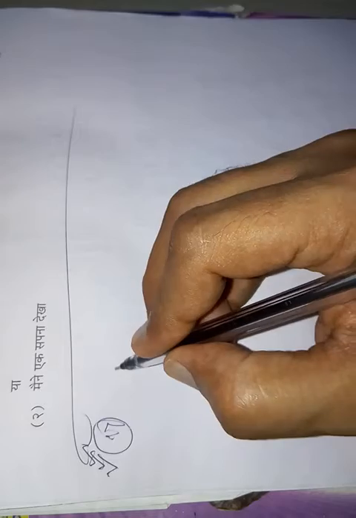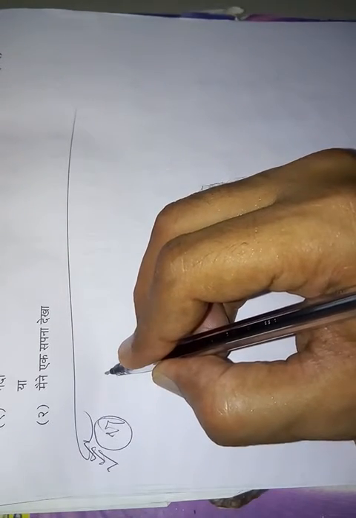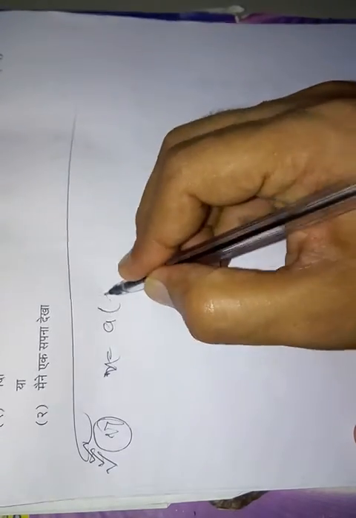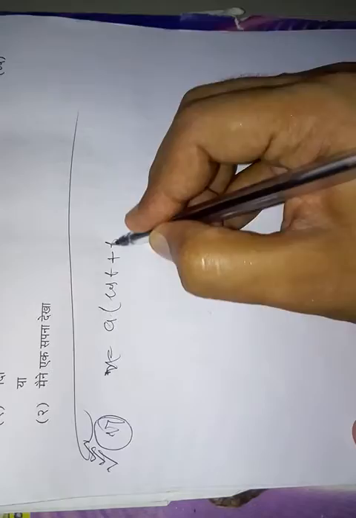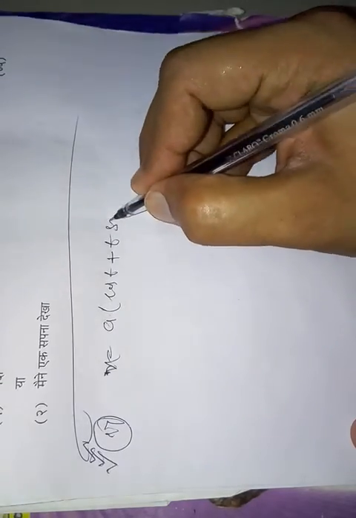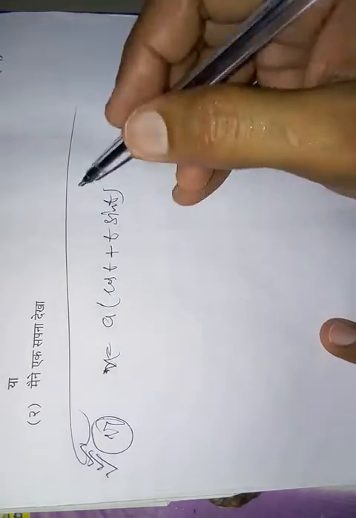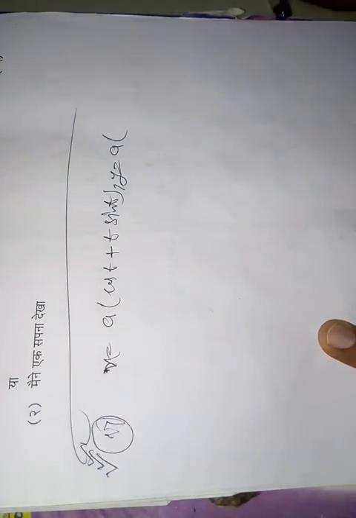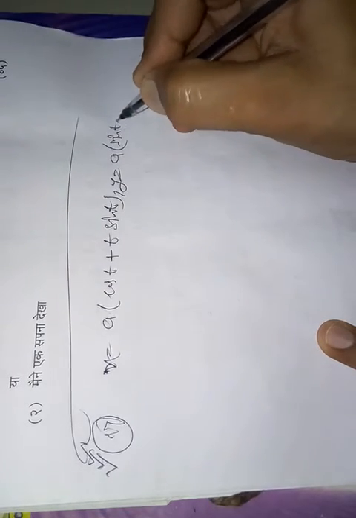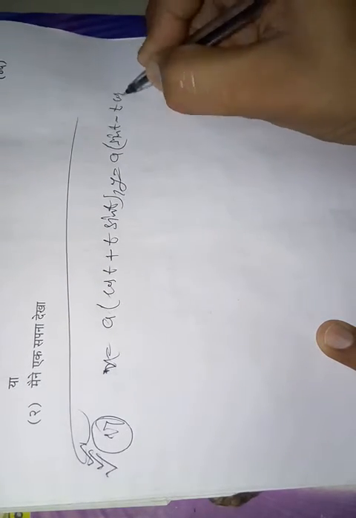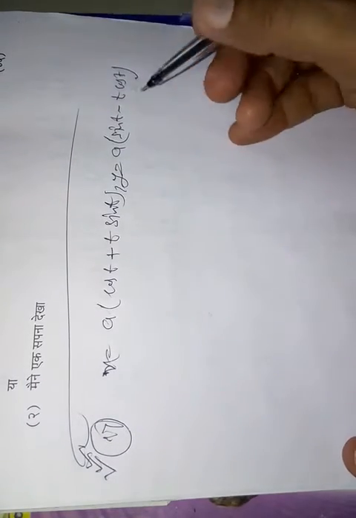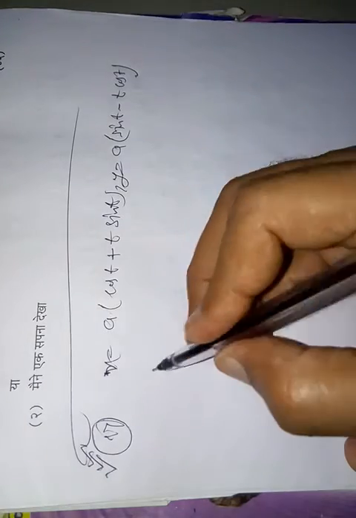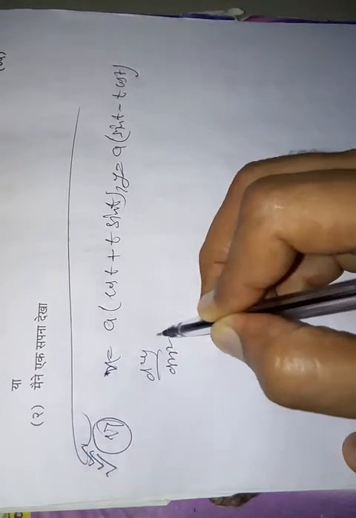If x equals a(cos t plus t sin t) and y equals a(sin t minus t cos t), this is the type of question from exercise 5.6. Find dy/dx and d2y/dx squared.